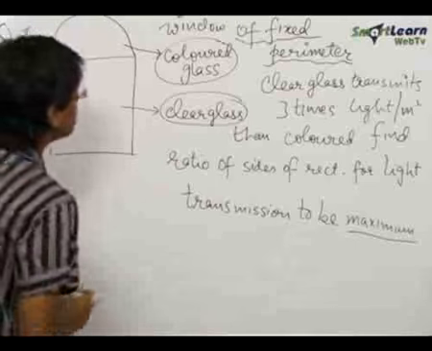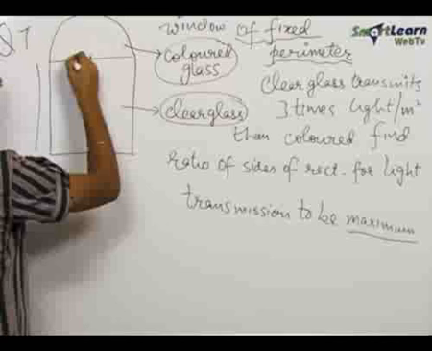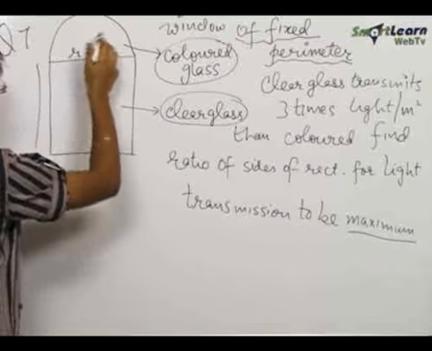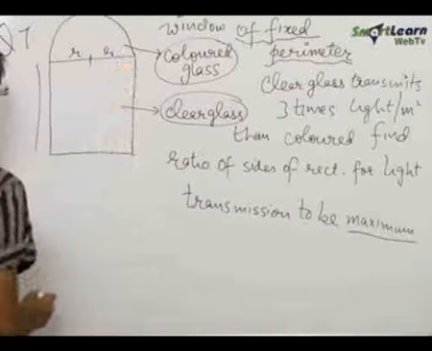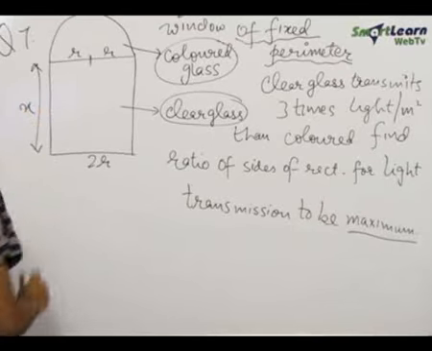Now the data given in this problem is a window of fixed perimeter. So let us use this data, and write the radius of this semicircular portion to be equal to r. So this side becomes equal to 2r. Let us consider this to be equal to x.